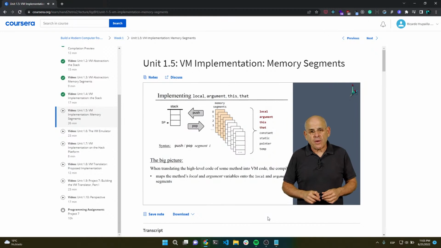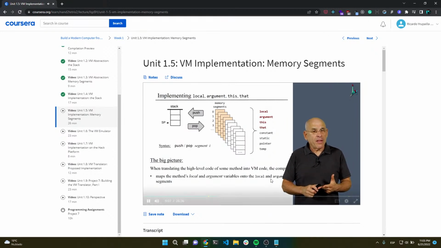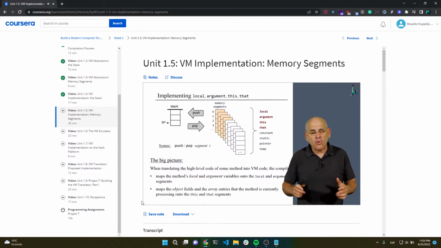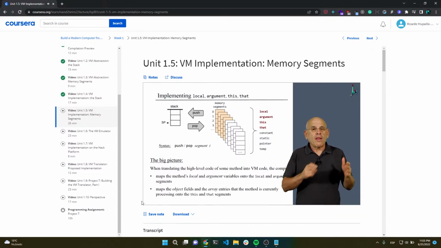Well, we do this with the local and argument memory segments, as well as with two other segments that we call this and that.